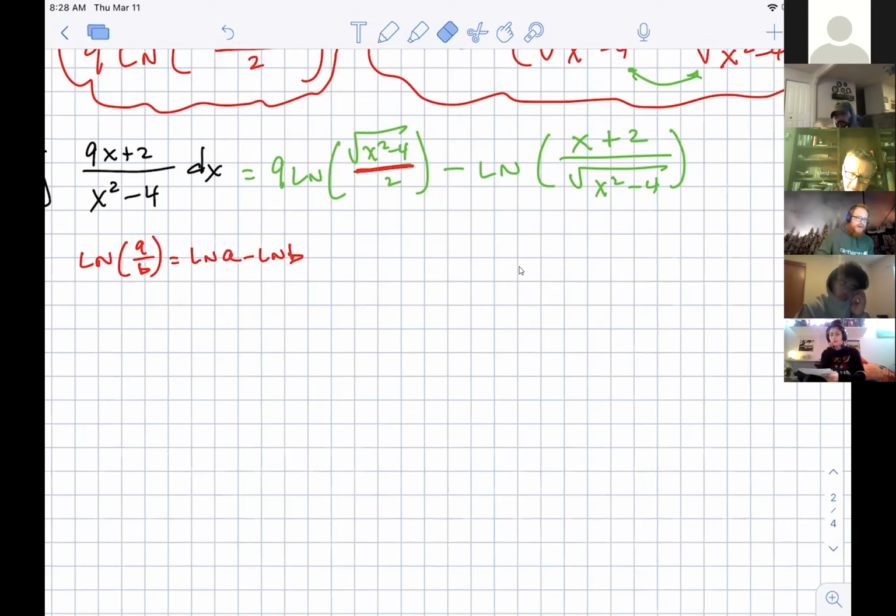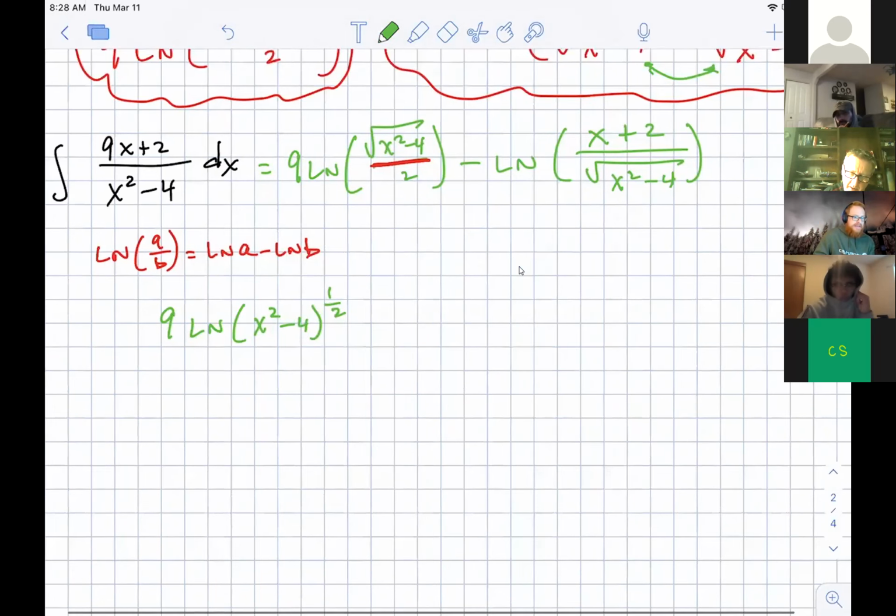So that means I could take this green equation here then and write it like this. I have 9 times the natural log of, and I'm going to write it this way, the square root of x squared minus 4. And you also are multiplying by 9, so I think I'll multiply the 9 in there. 9 natural log of 2. Do you understand why there's 9 in both places?